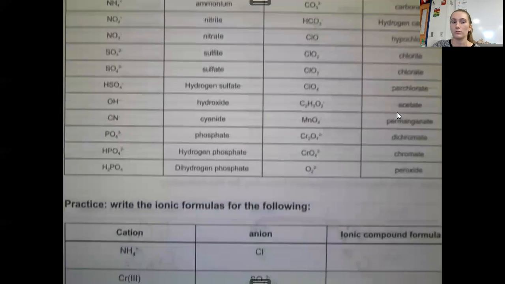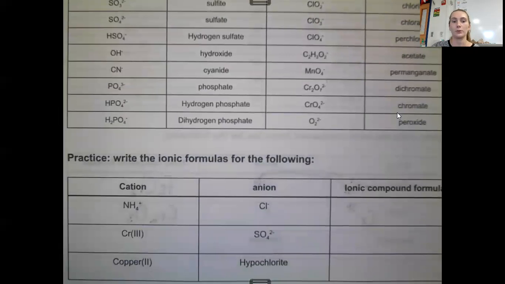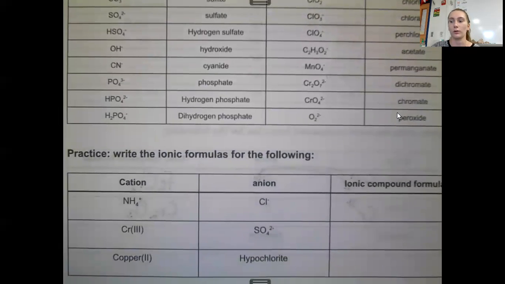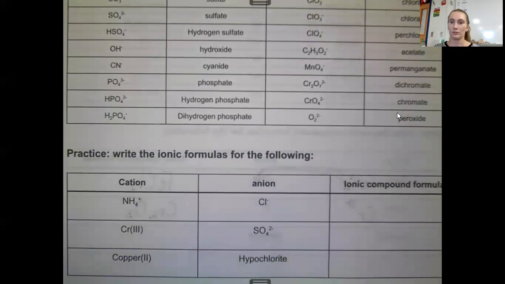Now what we need to do is practice putting this into a formula, and it's not as hard as you think. We're just taking the cation and the anion together and then doing our crisscross rule. Say we had NH4, which is ammonium, and chlorine.